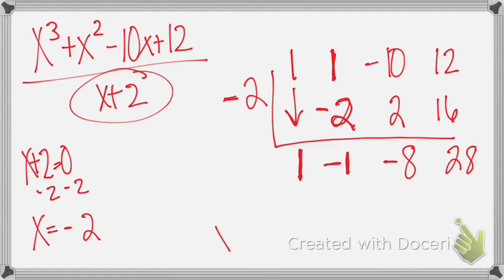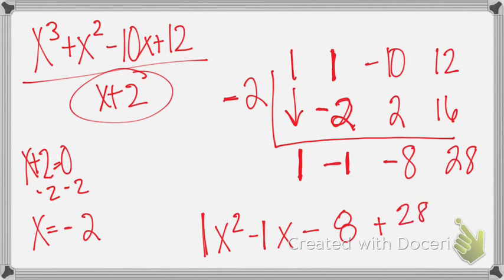So, we're going to have an x squared, we're going to have an x, and we're going to have a constant. So, we have 1, negative 1, negative 8 is my constant. So now, plus 28 over x plus 2 is my remainder.